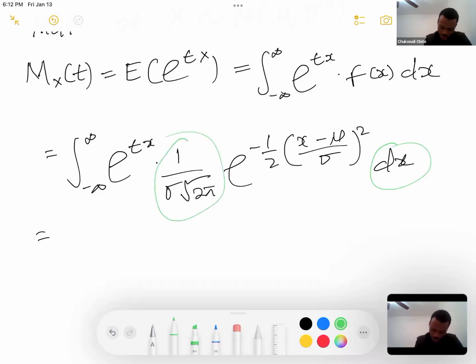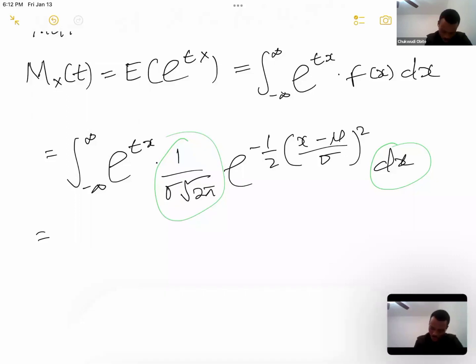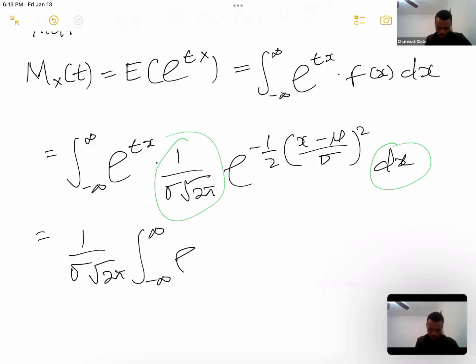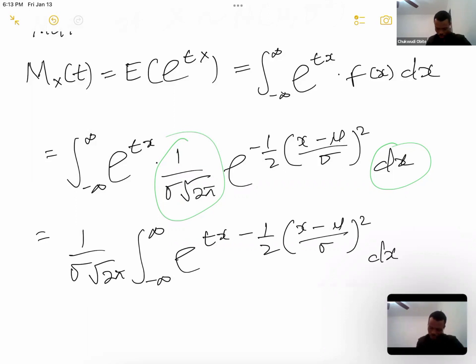Look at this, it does not have anything to do with x, so I can take it outside. So I have 1 over sigma square root of 2 pi, the integral from minus infinity to infinity of e^(tx minus half ((x minus mu) over sigma) squared) dx.